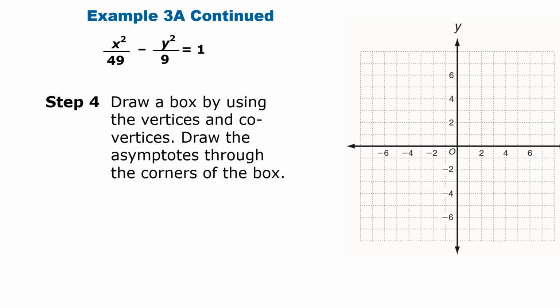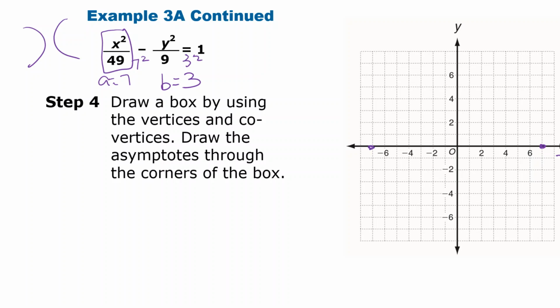Okay, so let's graph this first. The first thing I'm going to notice is that I have an X first. And when I have an X first, that tells me that my graph is going to look like this. It's going to be opening horizontally. I also know that my A is going to equal 7 because this would be 7 squared and 3 squared. So my B is going to equal 3. So I'm going to have a vertex at 7, 0.